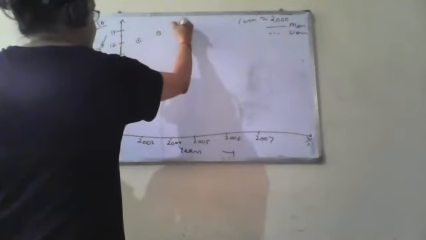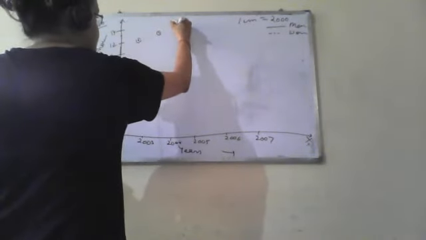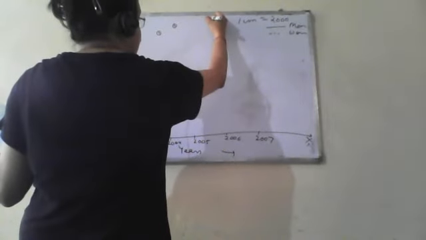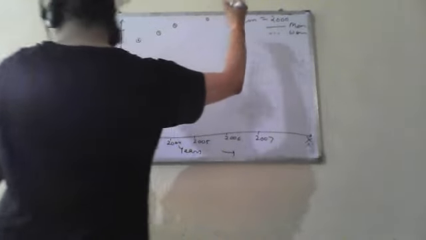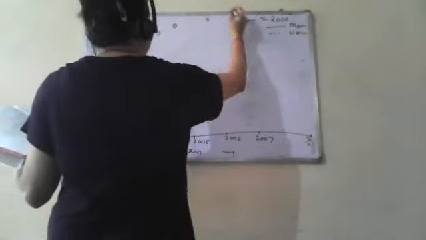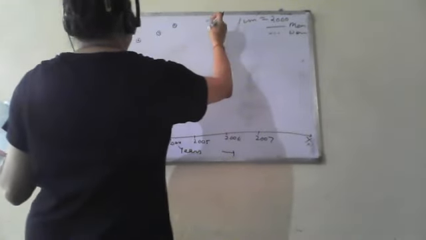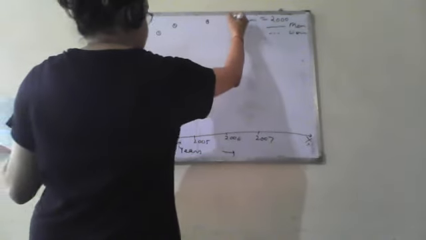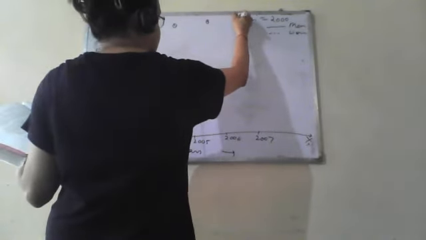So it will be slightly higher than this, and in 2006 it will be 13.2, and in 2007 it will be 13.5. It will be almost the same. So you can plot.